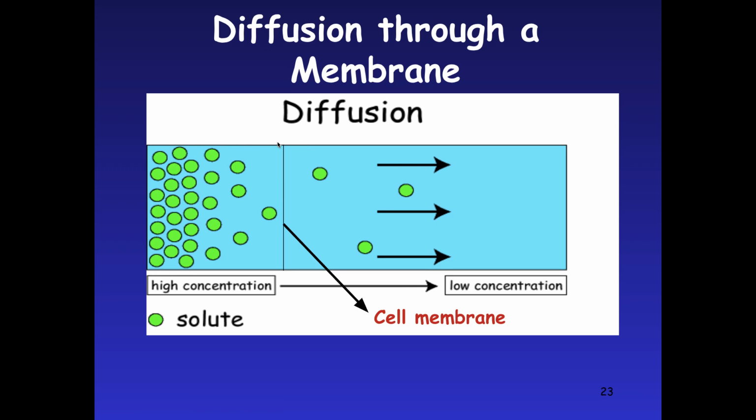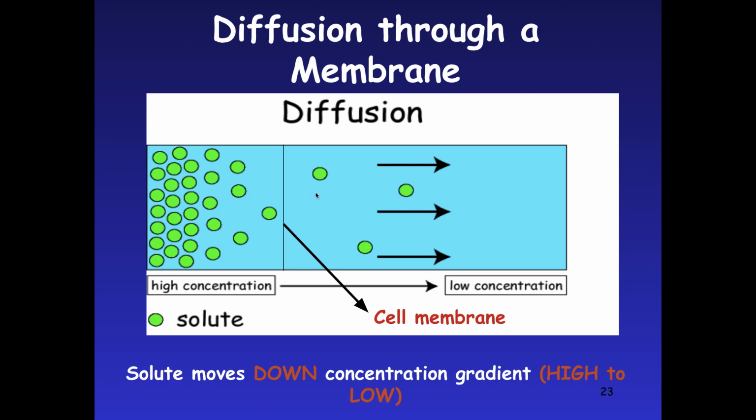Okay? And that's what happens. Here's an example of this plasma membrane. It starts with an area of high concentration. There are many of them there. And inside the cell, there's low concentration. So they're going to eventually move across, right, until you get a sense of equilibrium.